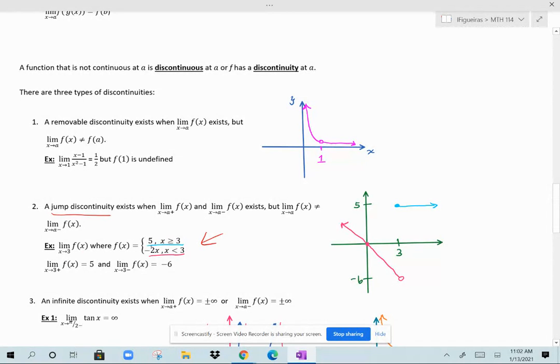Our f of x is a constant of 5 for values of x greater than or equal to 3. So that's this horizontal line here. And the other one is negative 2x, which is also a line. And we want to plot it starting at 3. So when x is 3, when you plug that in here, y is negative 6.